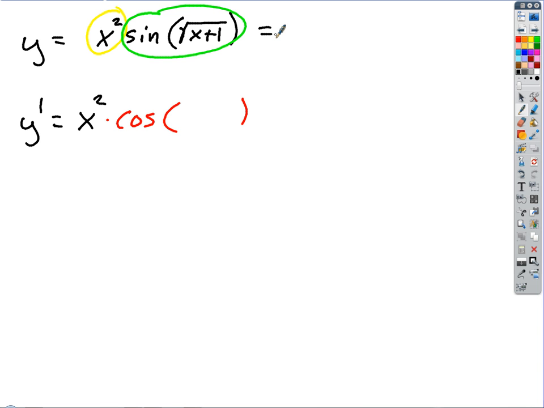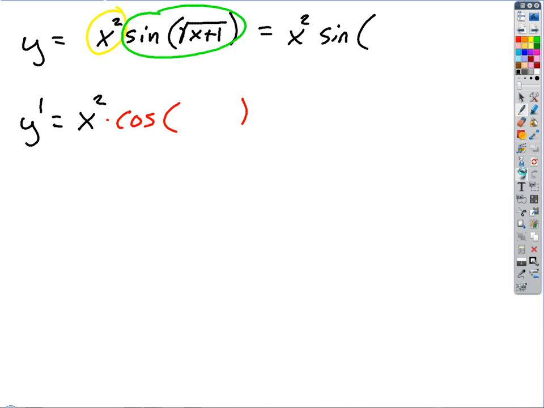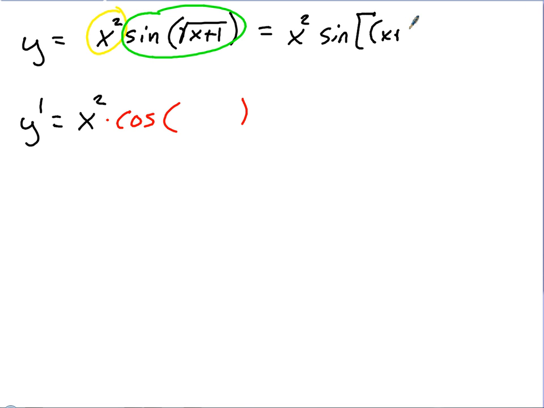I could rewrite this whole thing as x squared times sine of the quantity x plus 1 to the 1/2, right? So then if I take the derivative of the next layer inside the sine, notice that's hand to the 1/2. What's the derivative of hand to the 1/2?